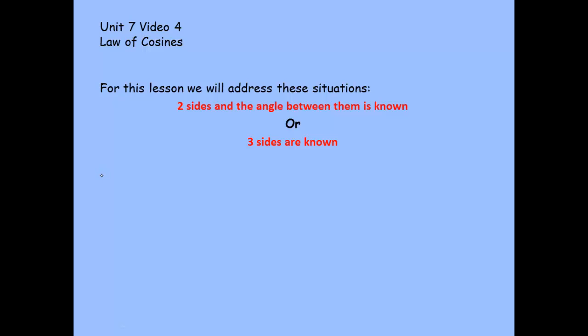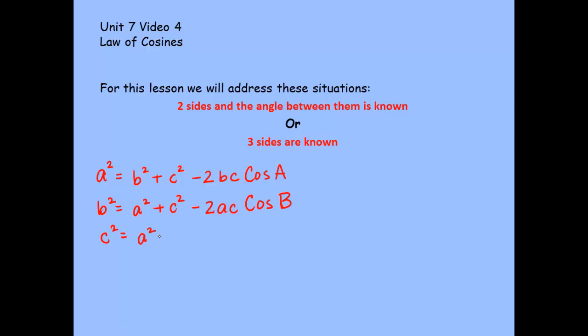So here it is, the law of cosines. a squared, being a side, equals b squared plus c squared minus 2bc cosine of A. Another manipulation of this would be b squared equals a squared plus c squared minus 2ac cosine of B, or c squared equals a squared plus b squared minus 2ab cosine of C.